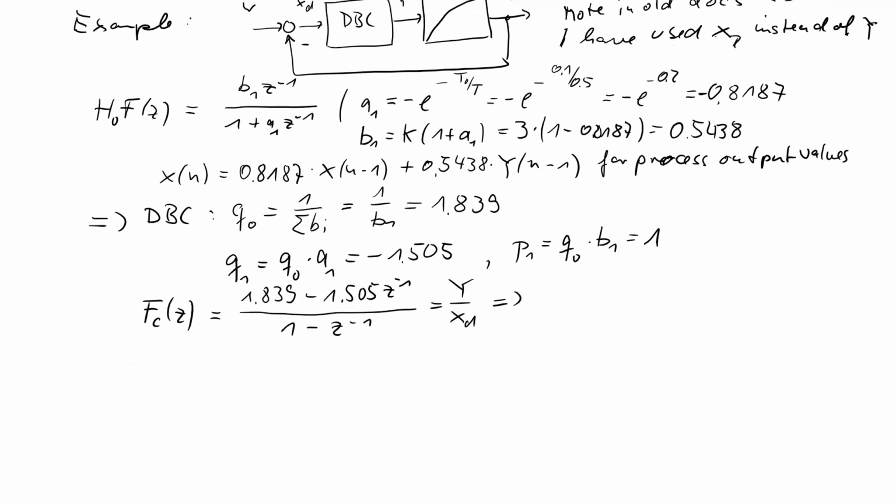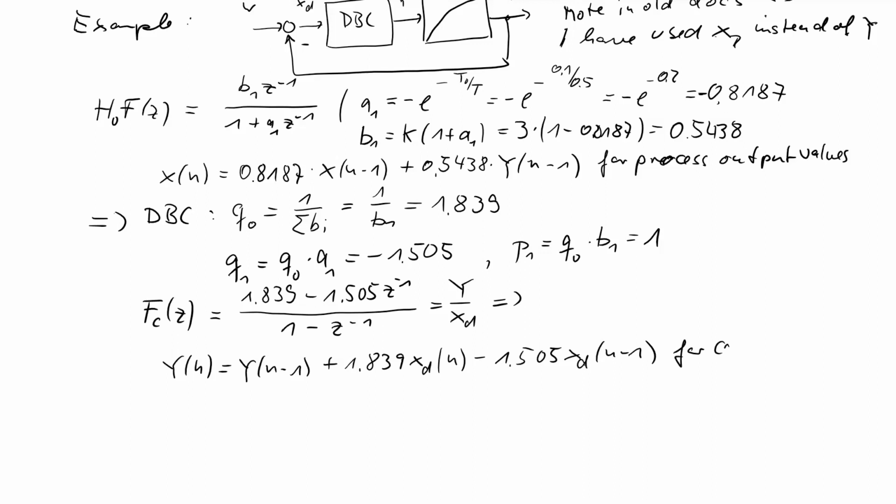The algorithm for the controller output: y of n is y of n minus 1 plus 1.839 times control difference actual value minus 1.505 times control difference one step before. For controller output values.